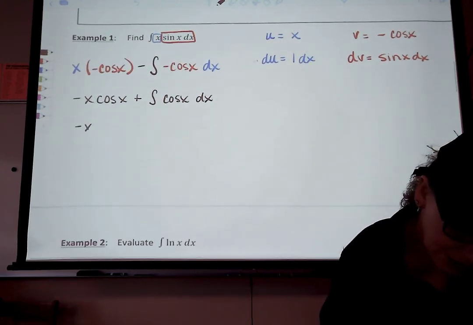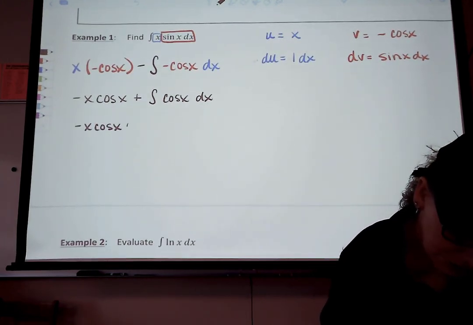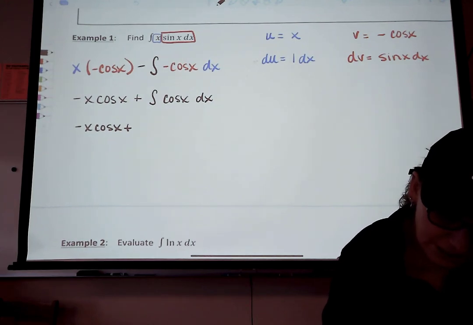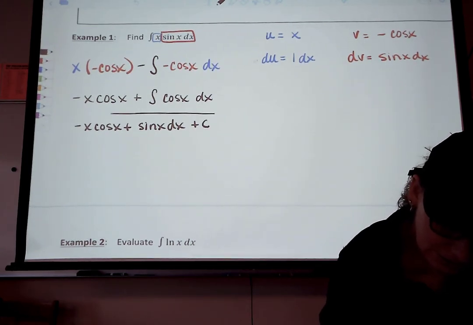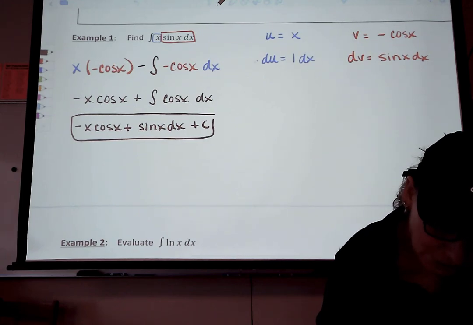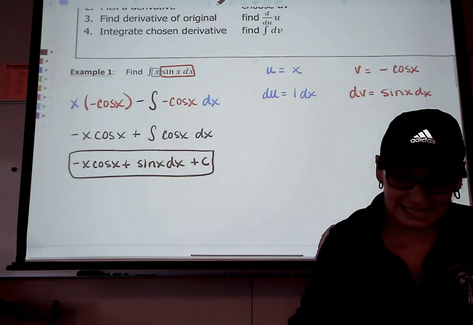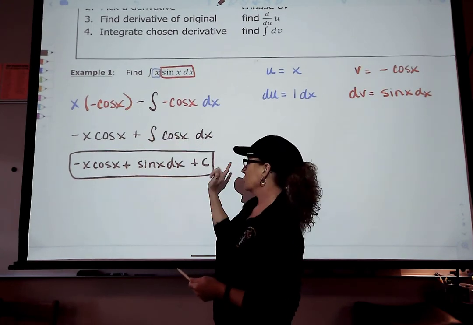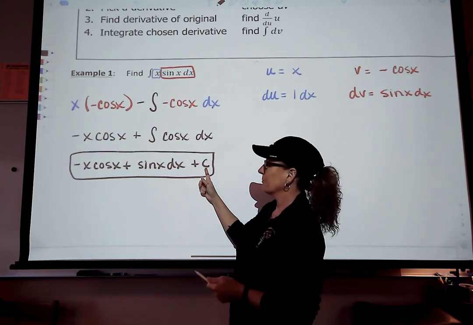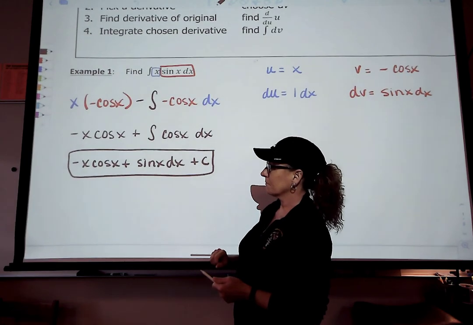So negative x cosine x plus the antiderivative of cosine is sine. And it's okay for you to wait until you do your very last integral to put your plus c on here. Okay?